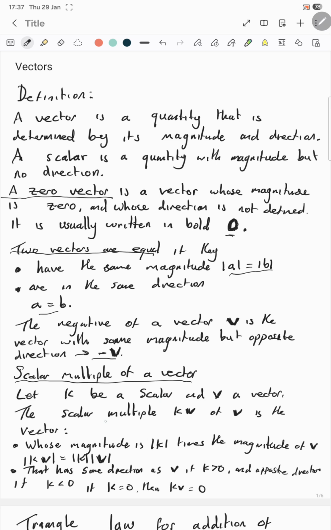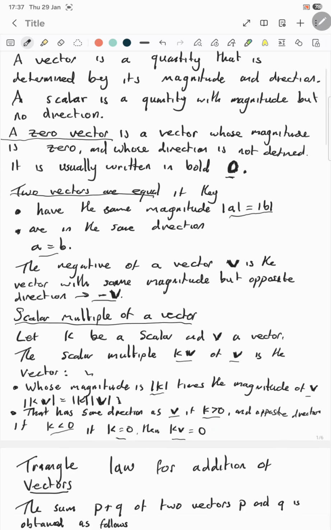Now, the scalar multiple of a vector: let k be a scalar and V be a vector, then the scalar multiple kV of V is the vector whose magnitude is k times the magnitude of the vector. It has the same direction as V if k is greater than 0, and opposite direction if 0 is greater than k. If k equals 0, then kV equals 0.